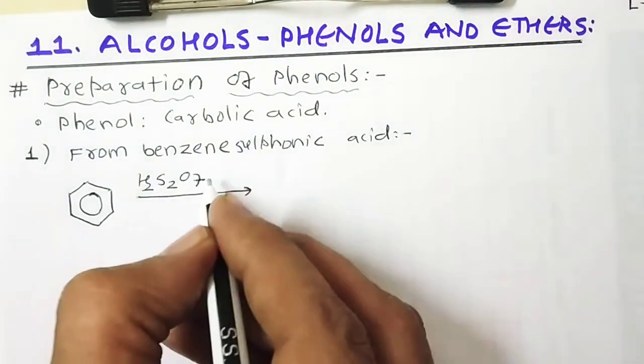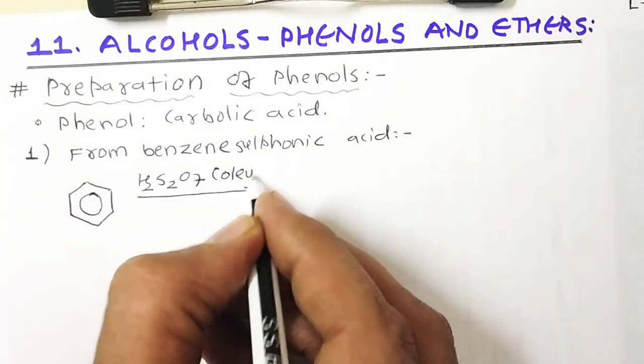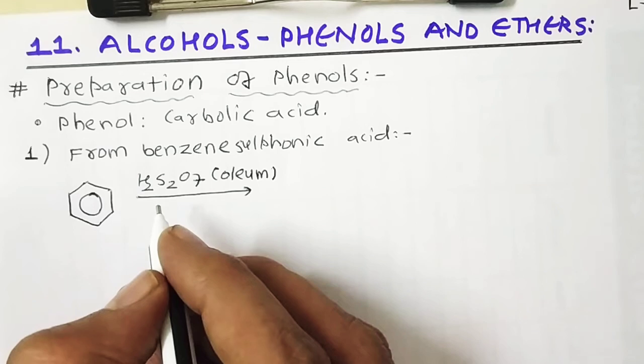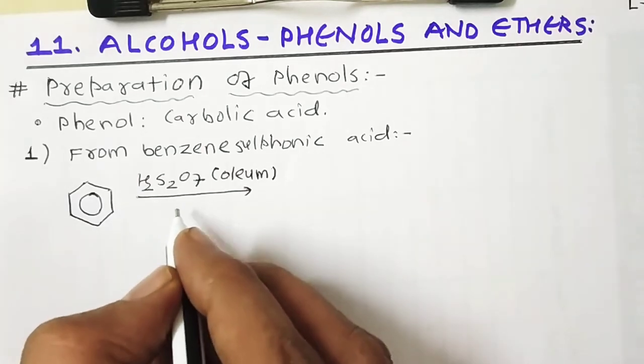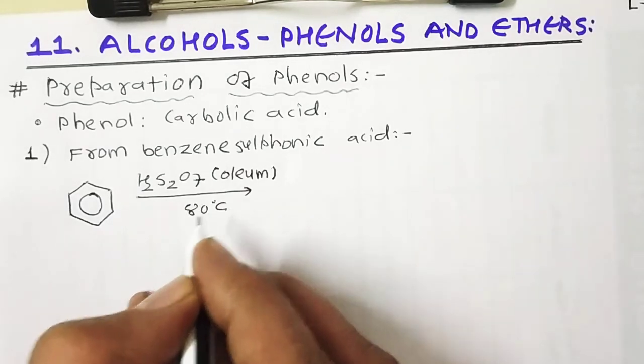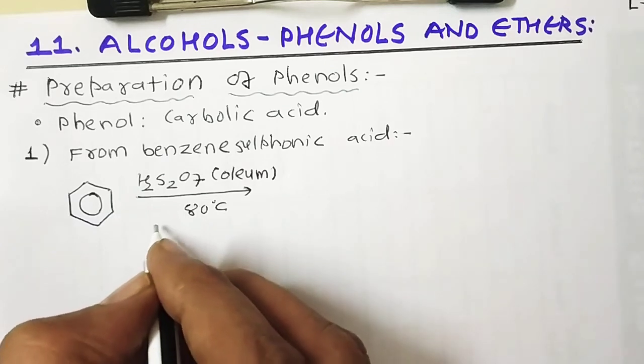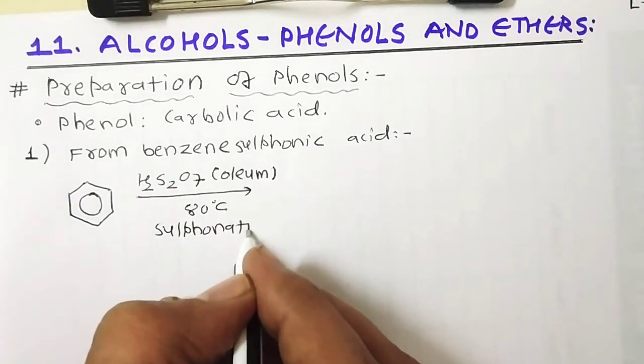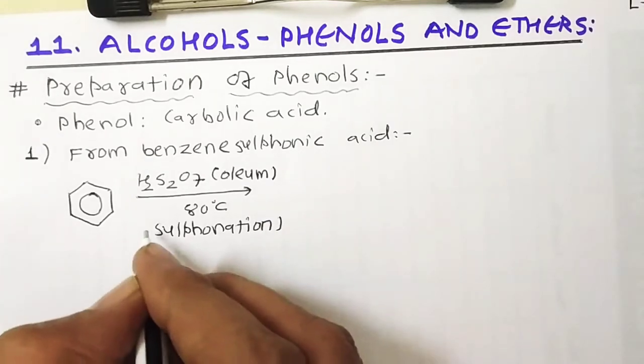H2S2O7. This H2S2O7 is called oleum. Near about 353 Kelvin temperature, almost 80 degrees centigrade, this reaction is called a sulfonation reaction.